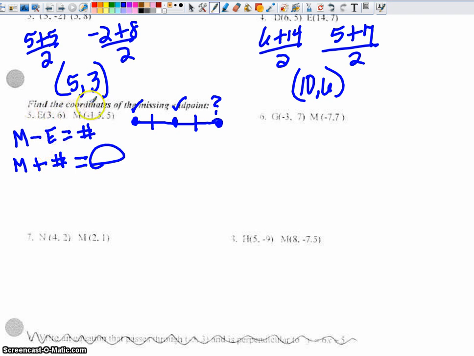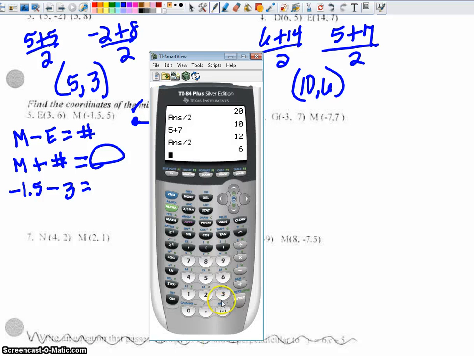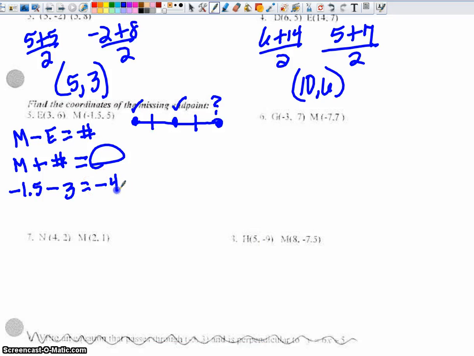So for the x, the midpoint is negative 1.5 minus the endpoint was 3. So you take your calculator, and I really encourage you to use your calculator on this because of all these negatives. Negative 1.5 minus 3 is a negative 4.5. Then you take your midpoint, negative 1.5 plus whatever we just got, which was a negative 4.5.